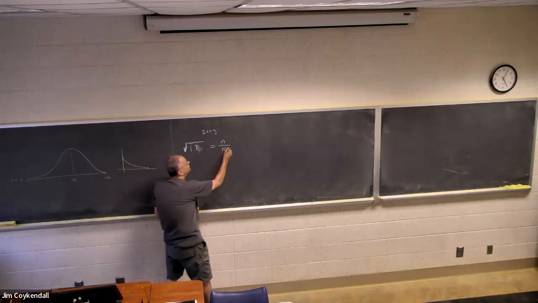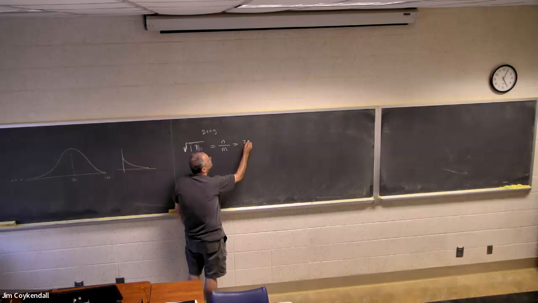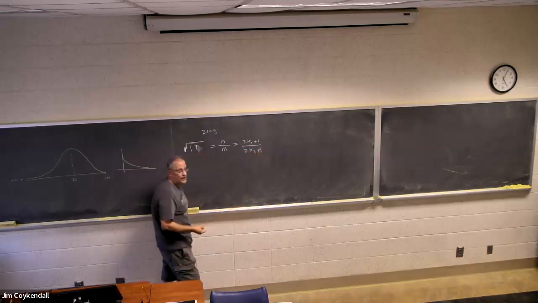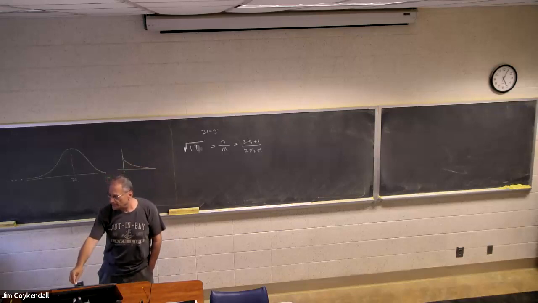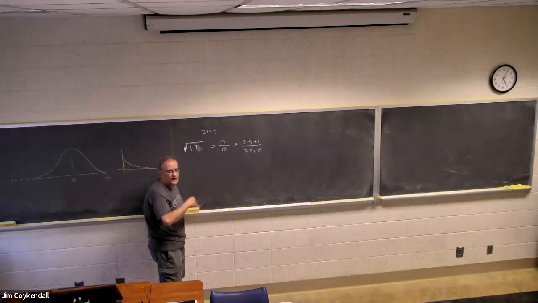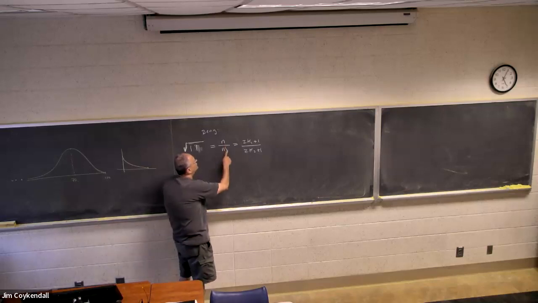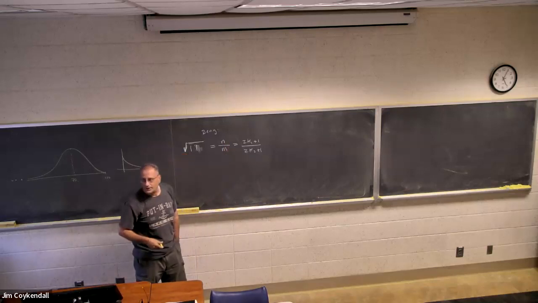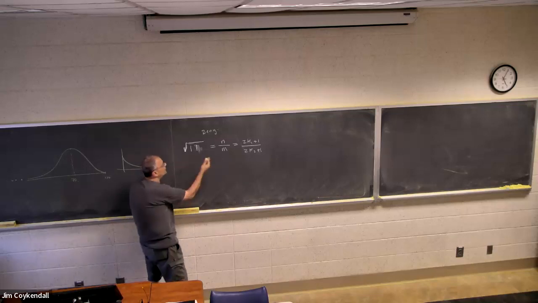To make it brief, this is 2k1 plus 1 over 2k2 plus 1. This is how you write an odd number. Let's square both sides. You don't have to ask for the GCD to be 1. Now let's square both sides.